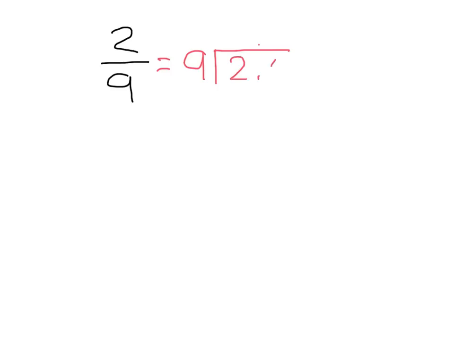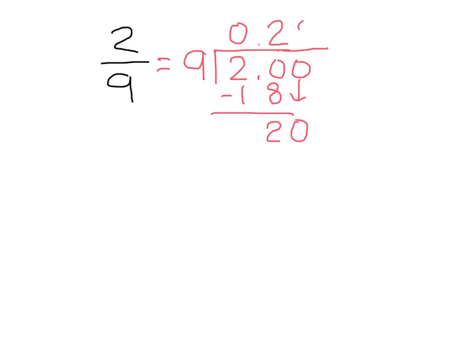Put our decimal and 0 placeholder. 9 does not go into 2, but it does go 2 times into 20, and I have a remainder of 2. Okay, so I don't have a 0 remainder, so I need to keep dividing. So let's add a 0 and bring it down. And I get 9 into 20. Okay, look what's happening. I get 2 again, and I have a 2 remainder.